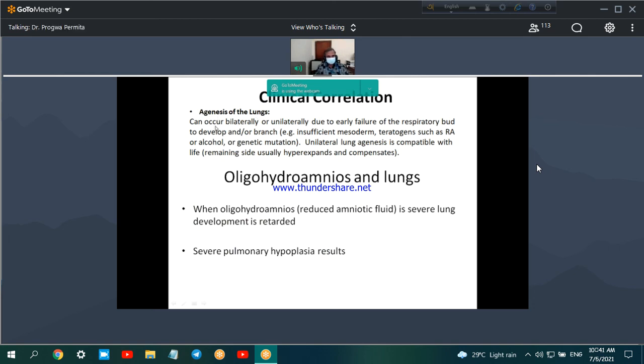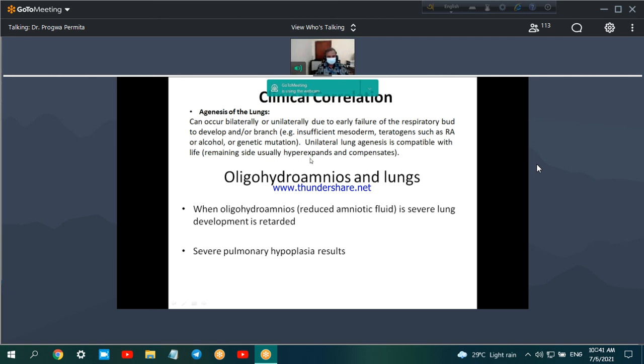Then agenesis of lungs. Agenesis of lungs can occur bilaterally or unilaterally due to early failure of the respiratory bud to develop its bronchial branches. This is due to insufficient mesoderm, teratogens, alcohol, genetic mutation, etc. Unilateral lung agenesis is compatible with life.